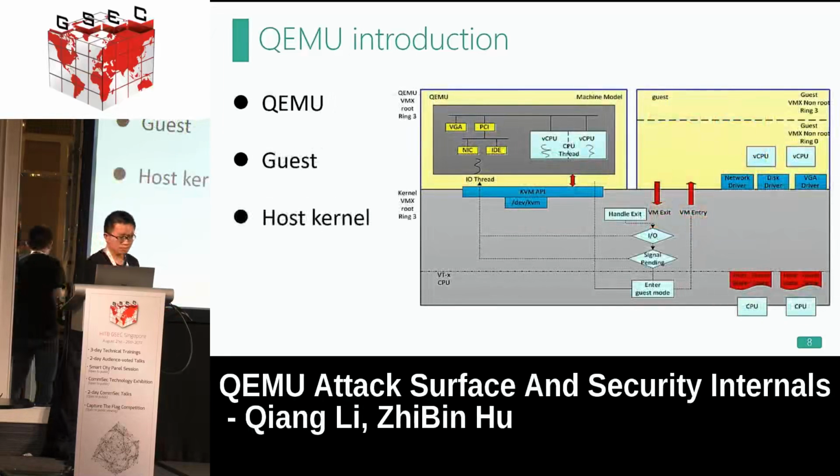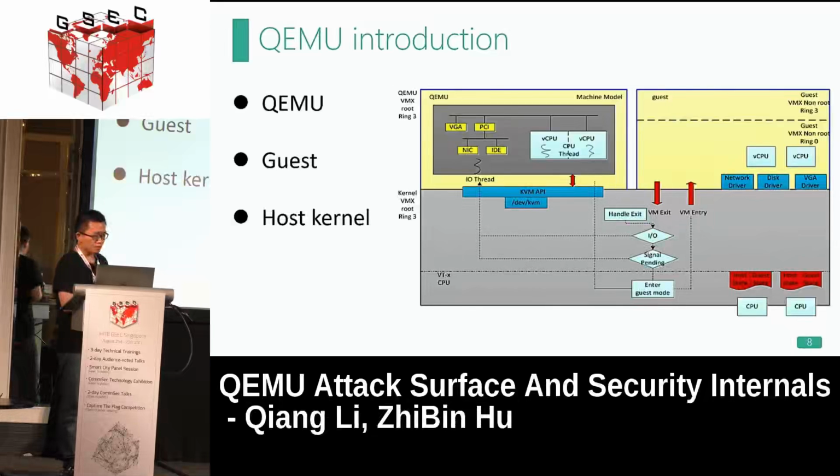So this is the detail of the QEMU KVM architecture. At the top left is the QEMU process, and at the top right is the guest. Of course, the guest is part of QEMU. And at the bottom is the KVM.